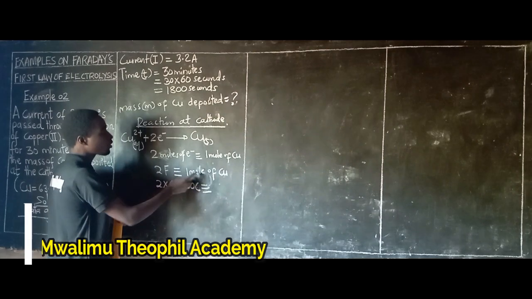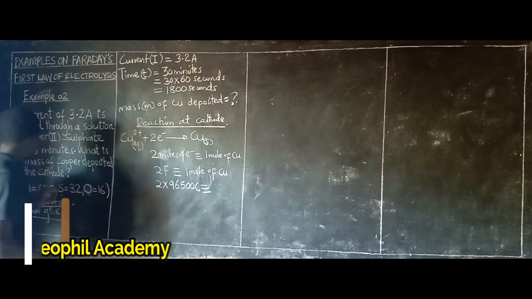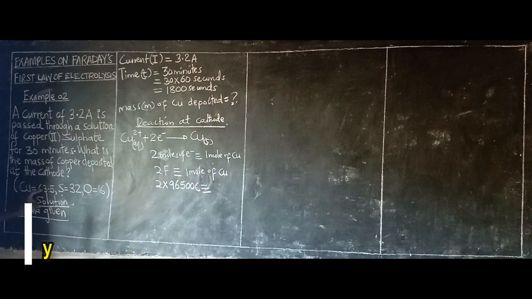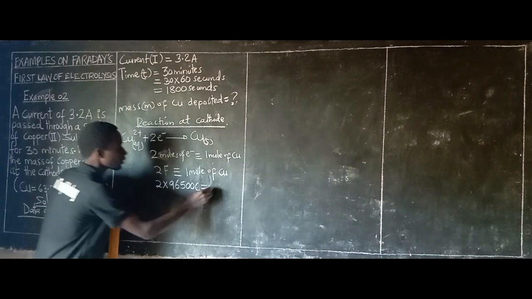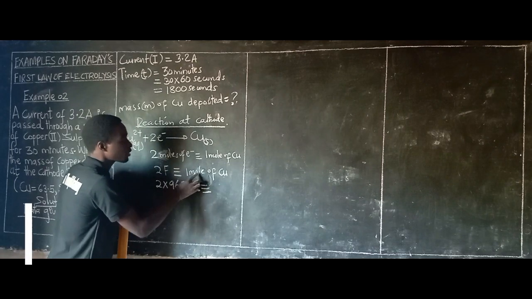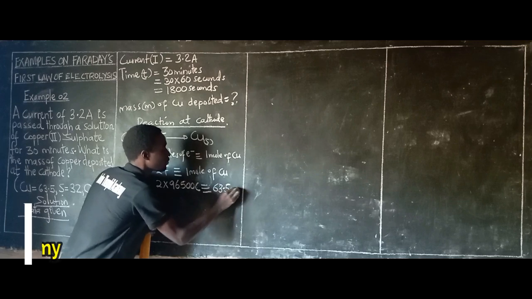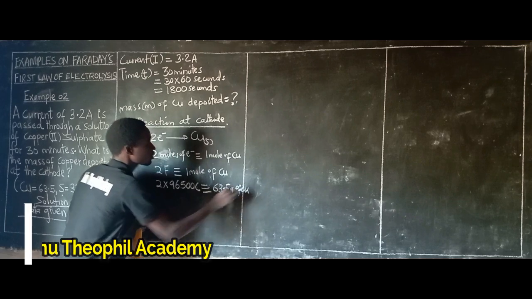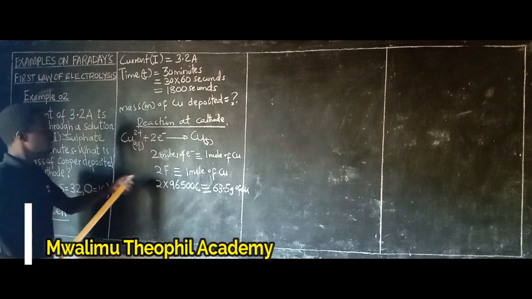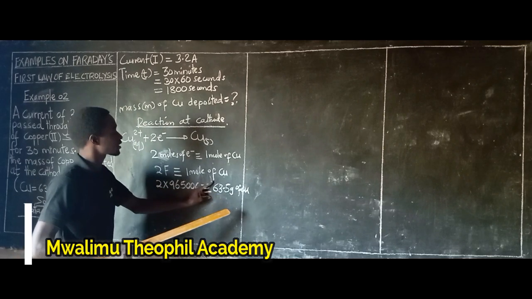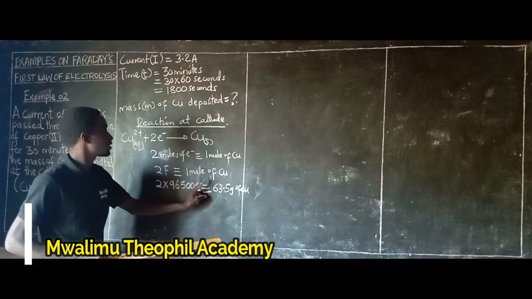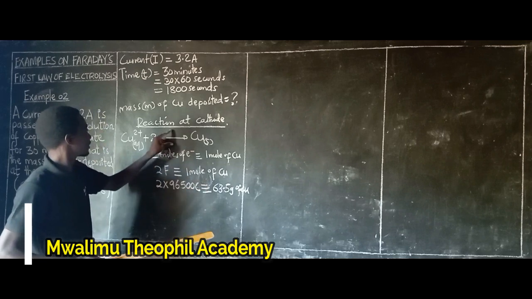Here, 1 mole of copper is equal to 63.5 gram per mole. So instead of writing 1 mole, I am going to write 63.5 gram of copper. This is the data from the standard equation.